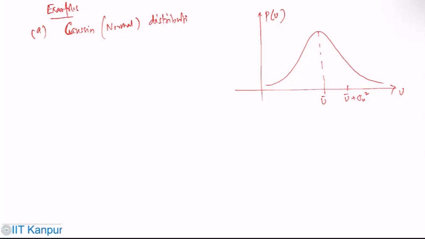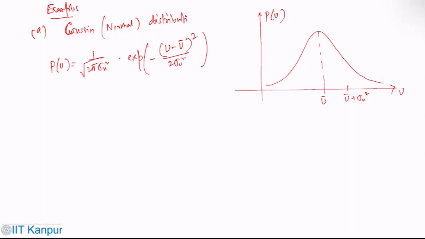So this is a simple Gaussian distribution or normal distribution, and the distribution function is well known, which one can write as 1 over root of 2 pi sigma u square times exponential of minus (u minus u bar) square by 2 sigma u square. Okay.